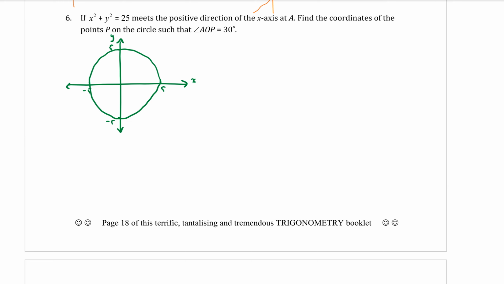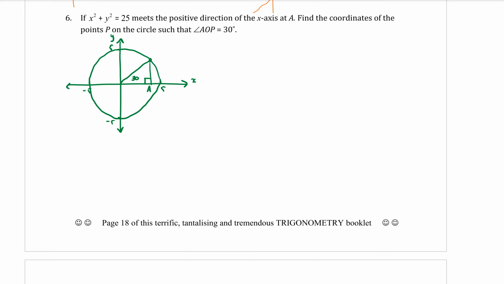So my 30 degree angle could be here. If I make it into a triangle, that would be a right angle. Looks familiar to some of the diagrams that we've seen. And that spot on the x-axis where it meets is the letter A.